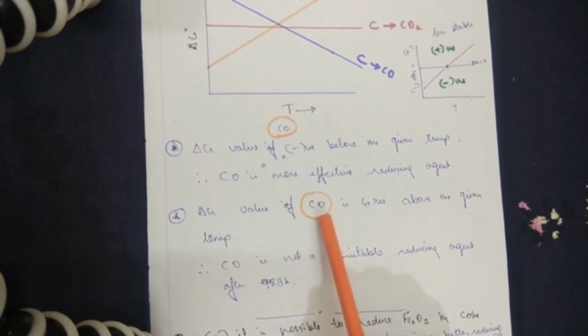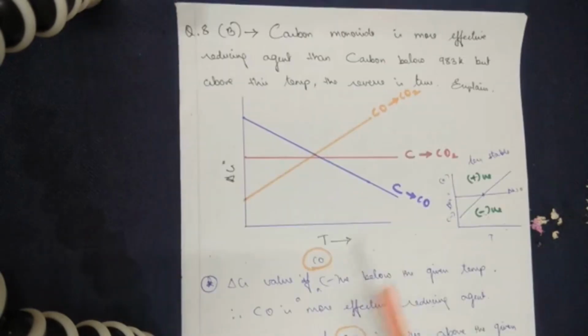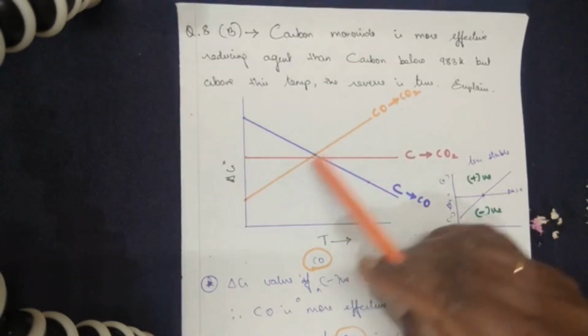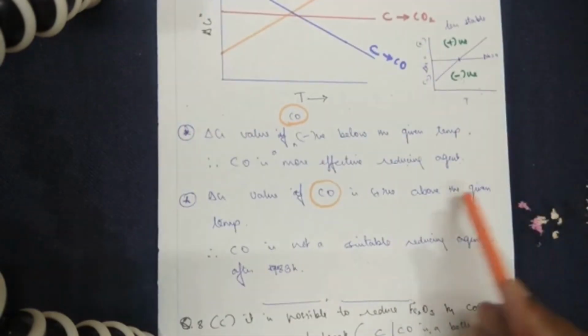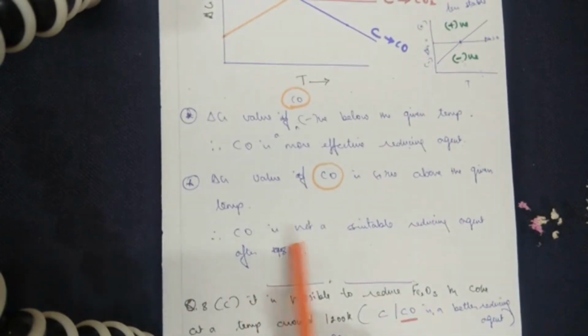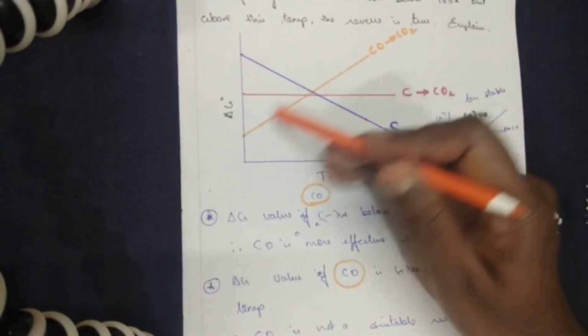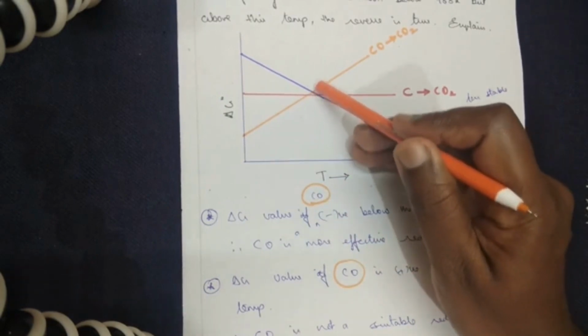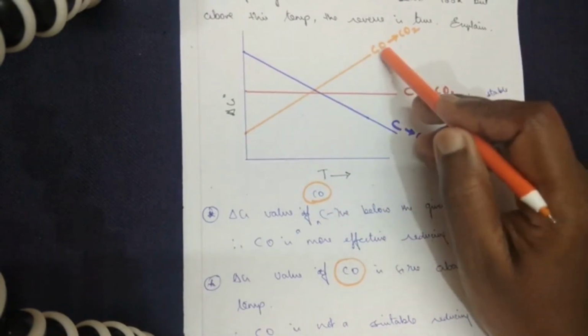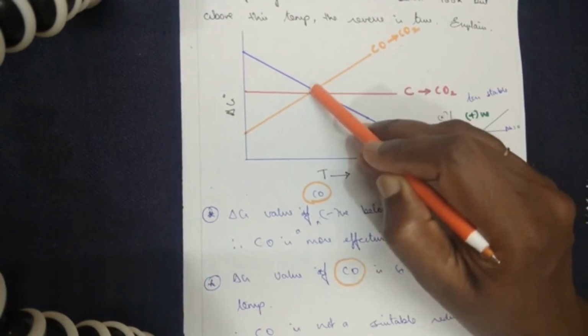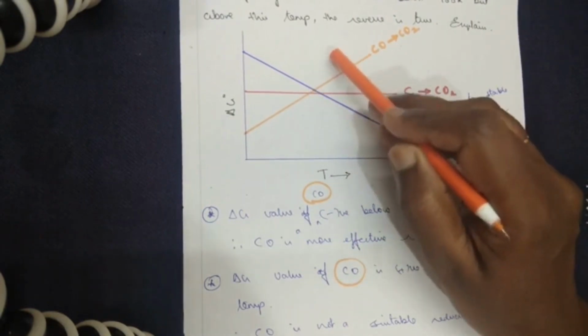Delta G value of carbon monoxide is positive, if you remember, after the line crosses the equilibrium condition above the temperature. Therefore, carbon monoxide is not a suitable reducing agent after 983 Kelvin. If I take this temperature to be 983, then till it reaches 983, carbon monoxide is the best reducing agent. After it reaches 983, it's not a suitable reducing agent.